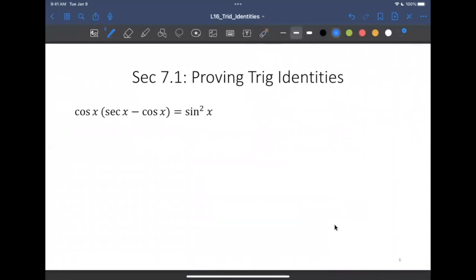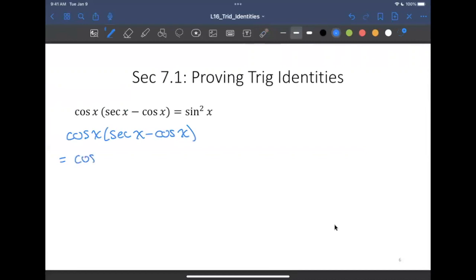Okay, so here's that same expression on the last slide. So I'm going to pick the more complicated one: cosine of x times secant of x minus cosine of x. I'm going to simplify it. So the first thing I'm going to do is, I know that secant of x is 1 over cosine.